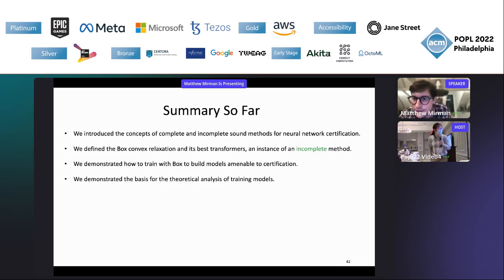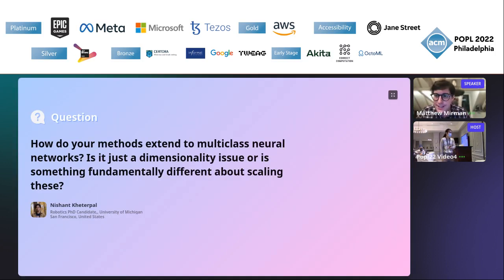How do your methods extend to multi-class neural networks? Is it just a dimensionality issue, or is something fundamentally different about scaling these? In fact, multi-class neural networks are mostly the same as single-class neural networks. The biggest issue is that most multi-class neural networks are trained using softmax, but you don't typically use softmax during test time.